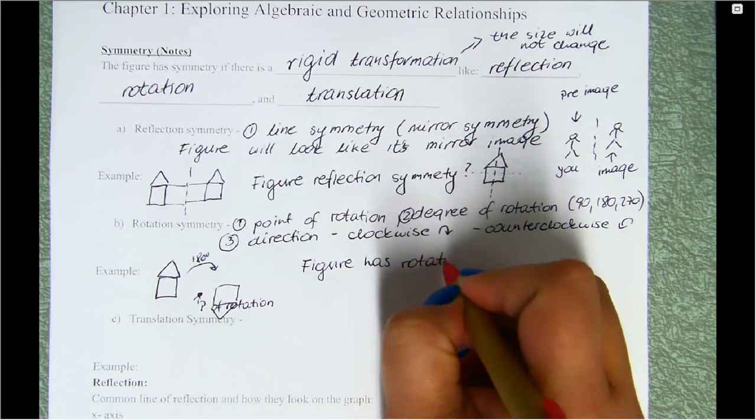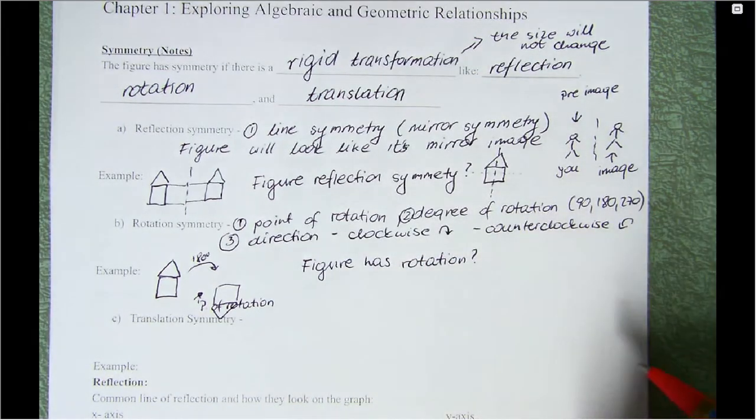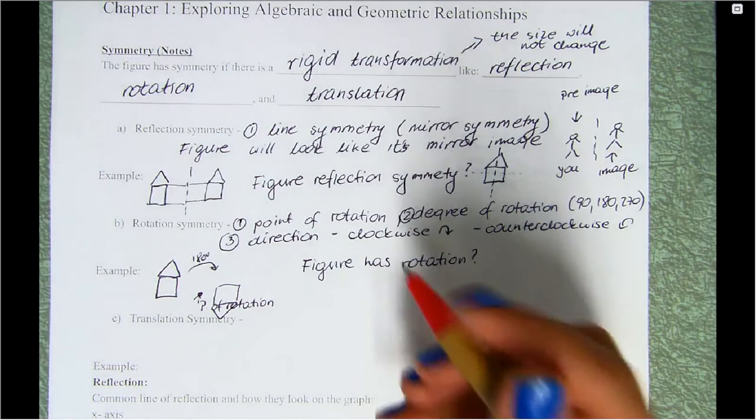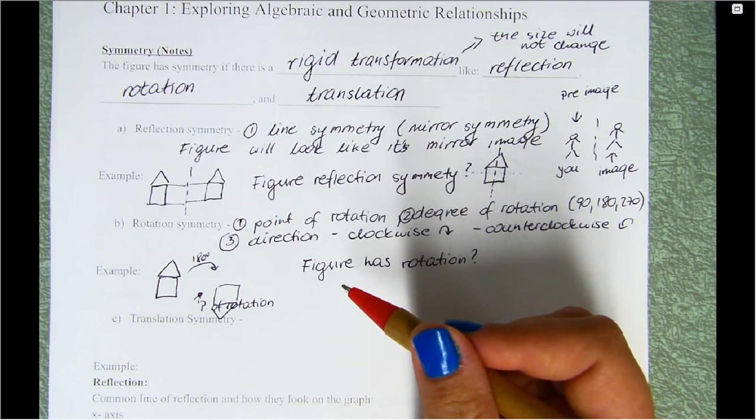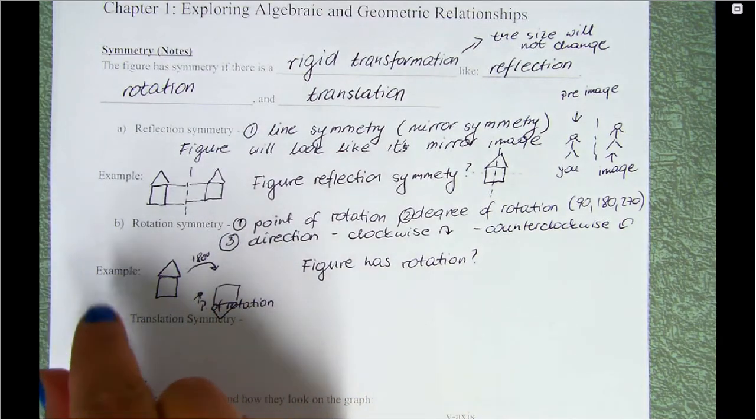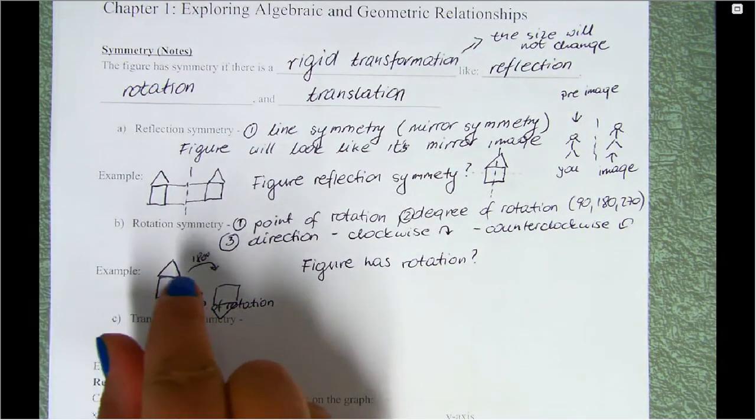Rotation. How do I know that? Well, if a figure has a rotation, you would check this by trying to either imagine or use tracing paper, which we're not going to use much this year, but you're going to try to rotate the shape up to 360 degrees, so almost a full turn.